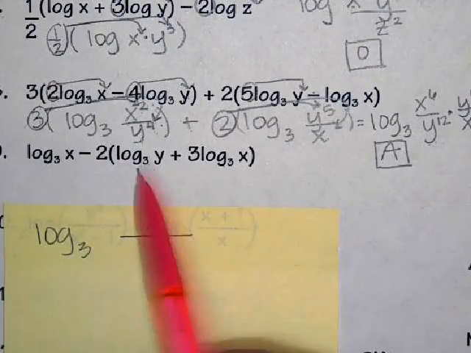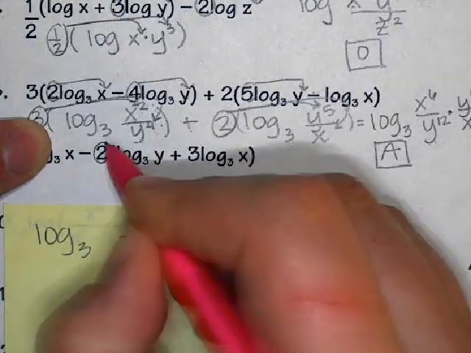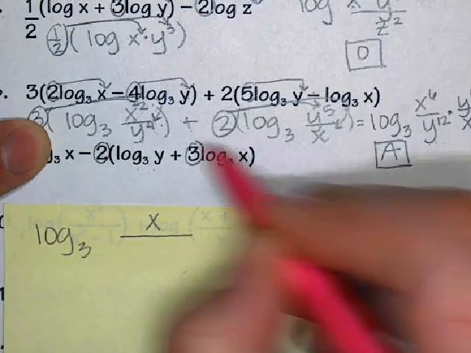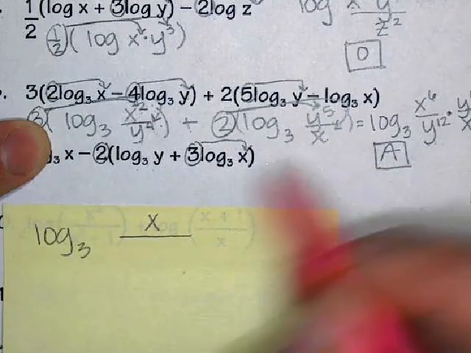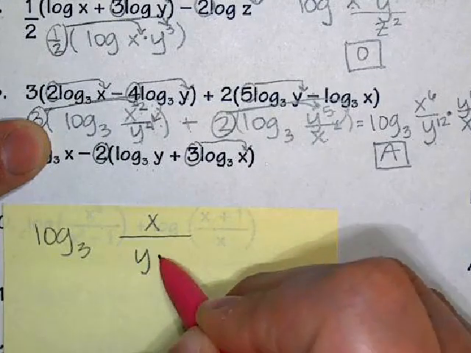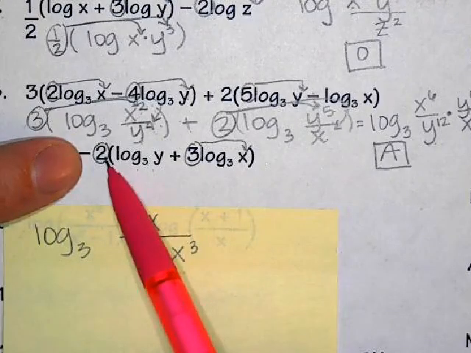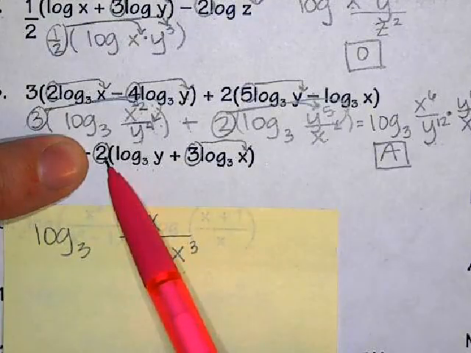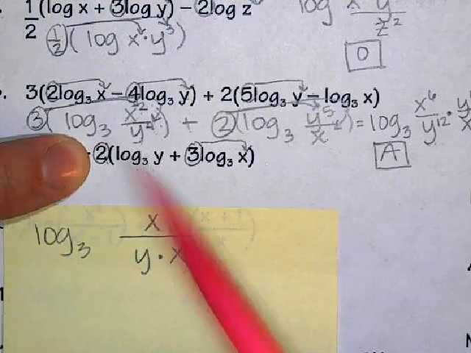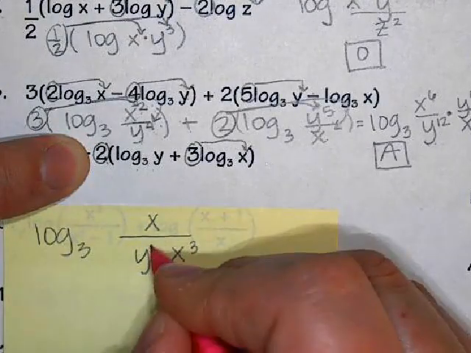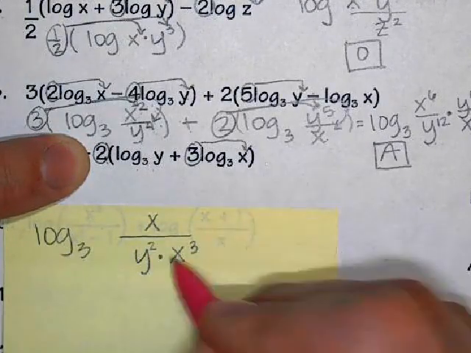Okay, so this was x to the 3rd. So it was y times x to the 3rd. And then what do we do with this 2? We multiply it by both of these. So it's going to be y to the 2nd. And then the x to the 3rd is being raised to the 2nd as well.